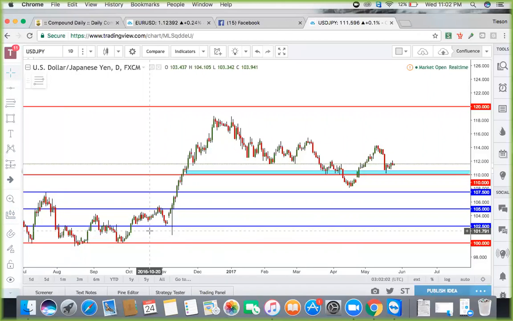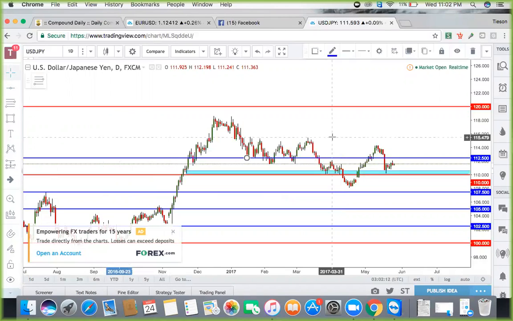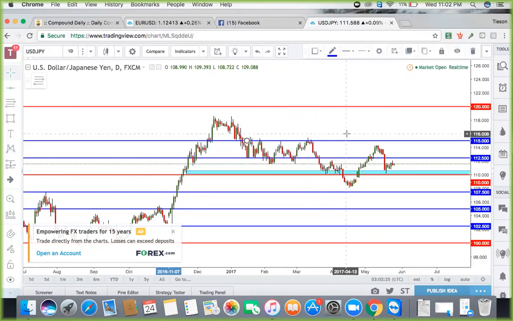It's a nice trade. So then let's see, after the 110 is going to be 112.50. Okay. And then after 112.50, we're going to see 115. Nice little act as support.